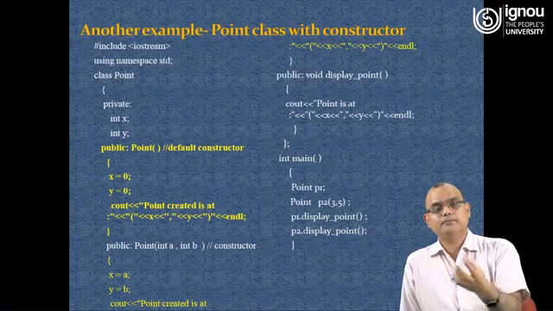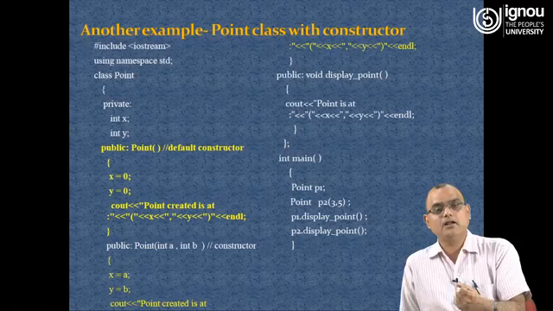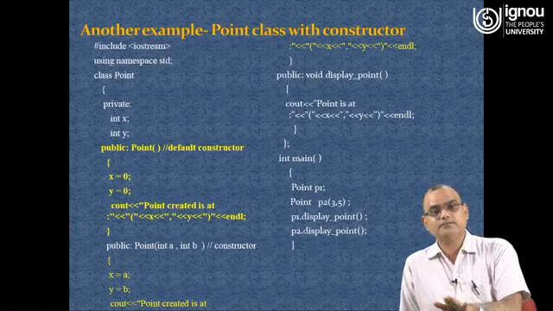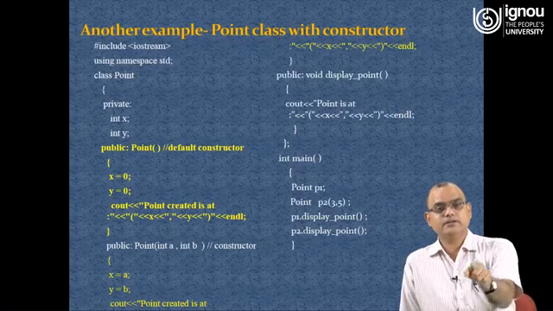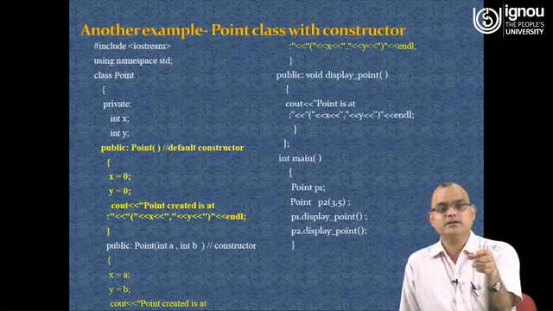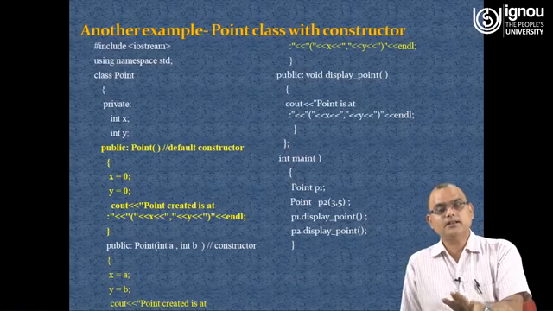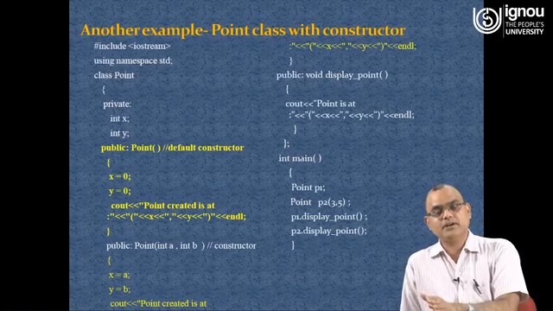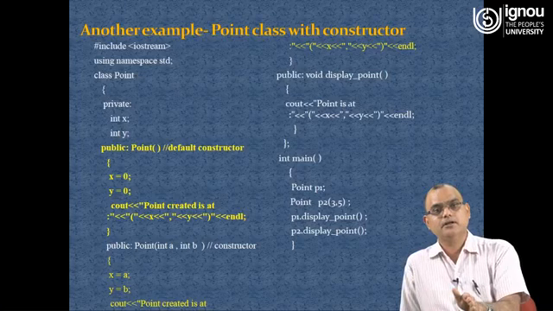For initialization of the object, the constructor methods are called, and they are special methods having the name of the class itself. Here you see Point, which is the name of the class also. If you pass parameters, it will be a parameterized constructor, and if you do not pass parameters, it will not be.